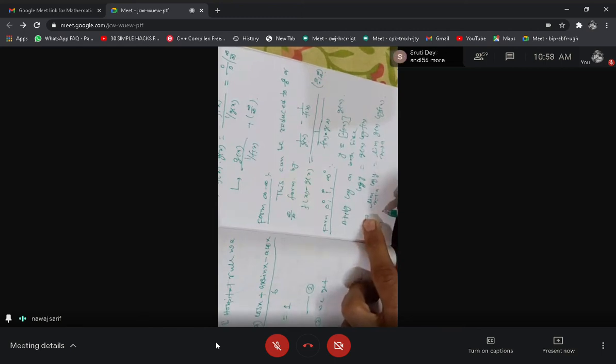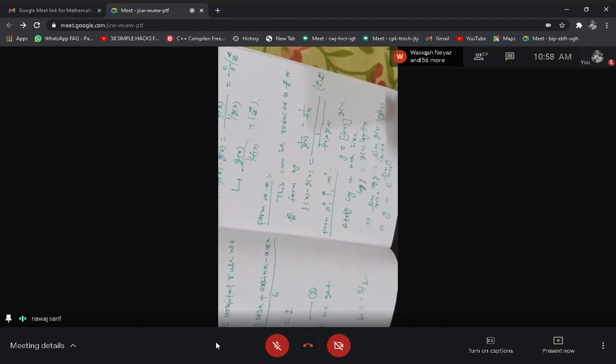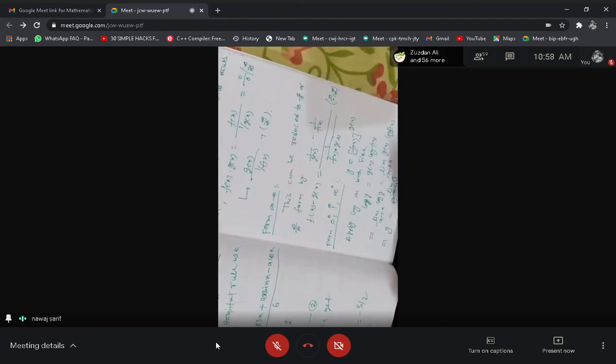Then y equals what? y is e to the power limit x tending to a, g(x) into log f(x). So just try to understand this one and simplify it.